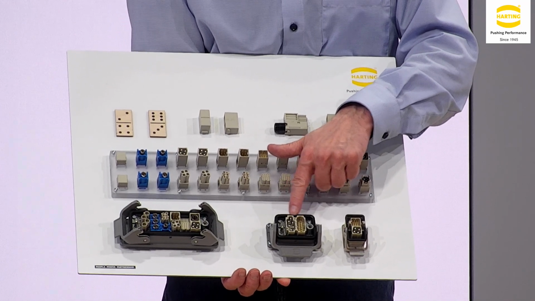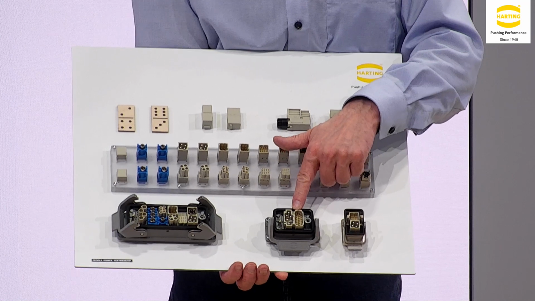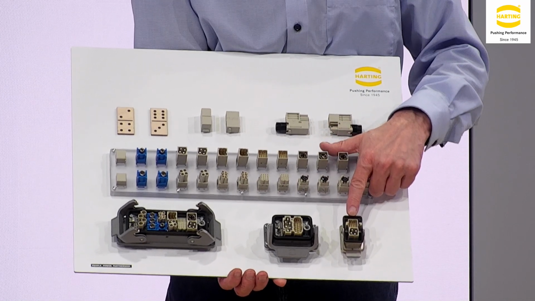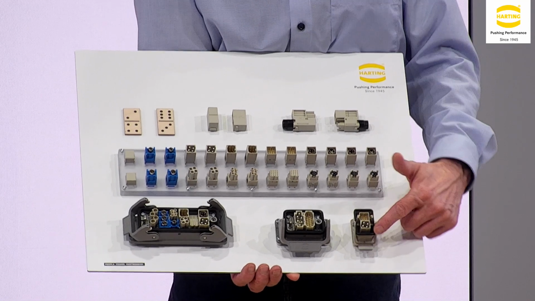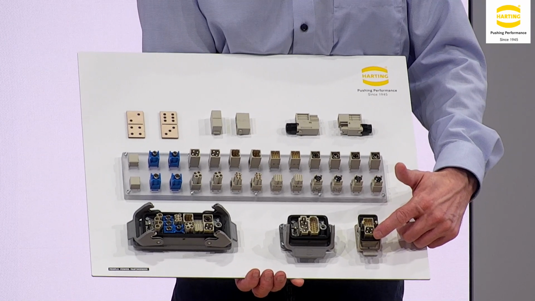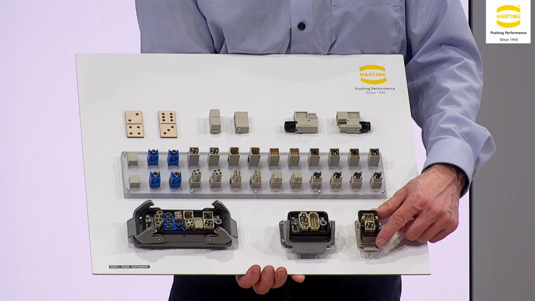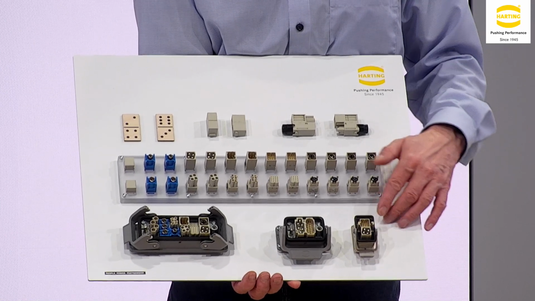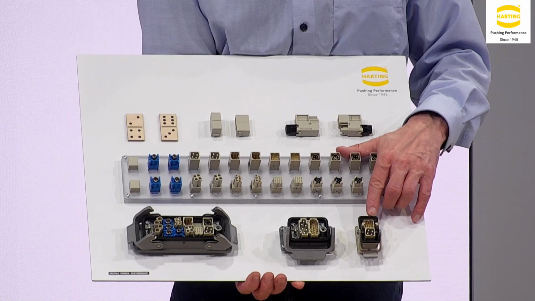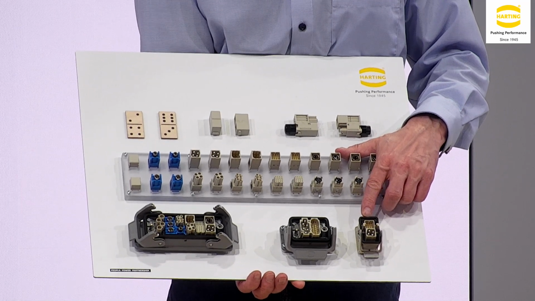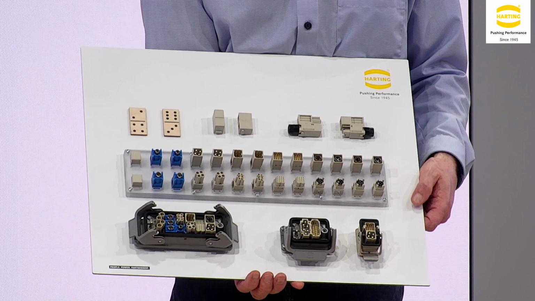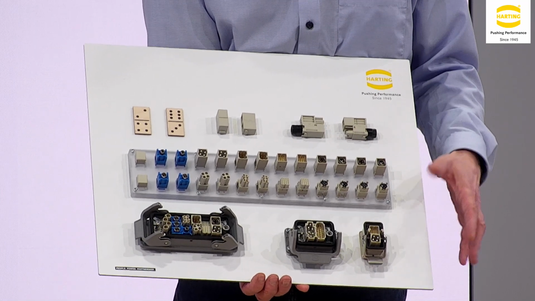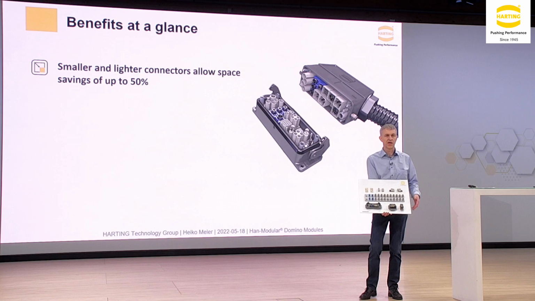So if you combine them to one Domino module, like this one here, this is a combination of 16 signal contacts plus 4 plus PE power. So in this case, you can save a bit more than 50% of the size. And therefore, you can reduce costs. So you can make your machines smaller.